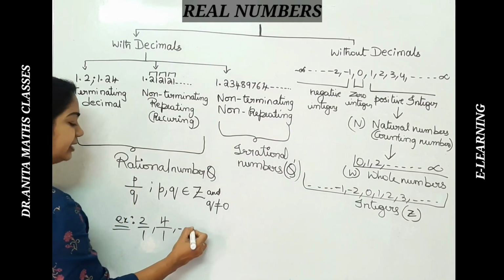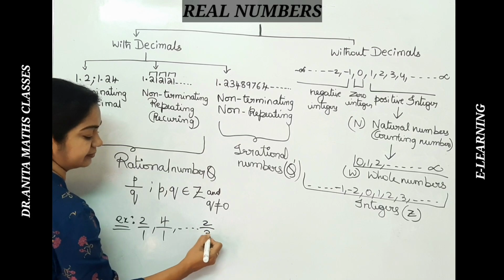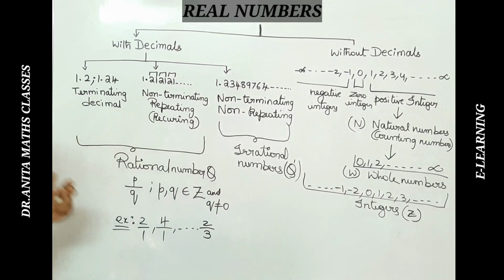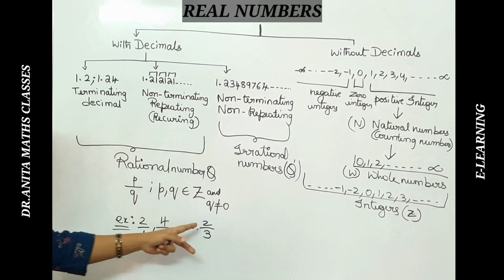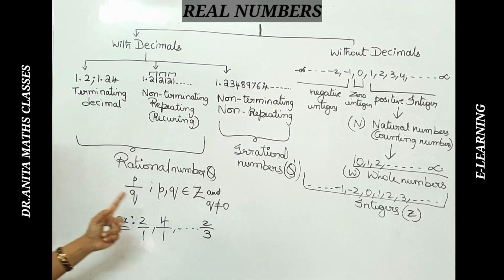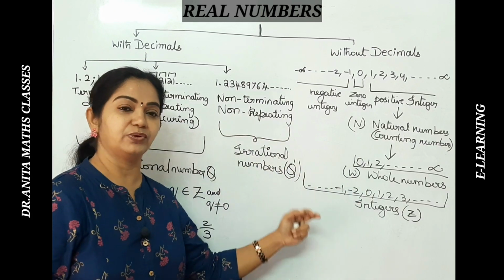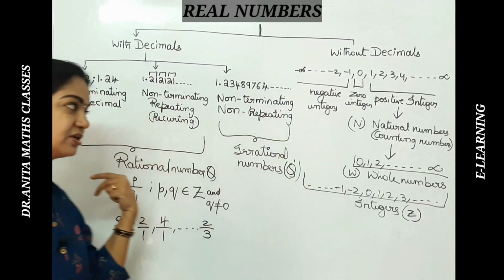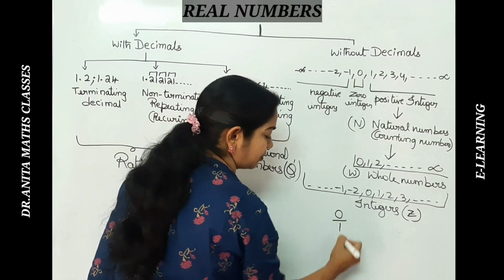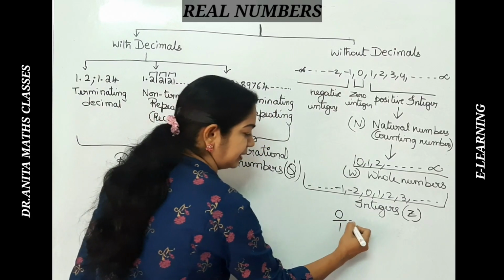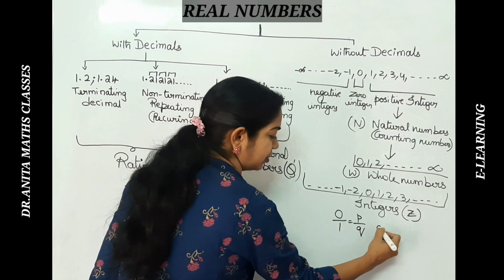But if I take 2 upon 3, or any fraction, 3 upon 4, 4 upon 5, those are rational numbers, but they are not integers, right? So integers can be rational numbers, even 0 is a rational number. I can write 0 upon 1. This is P, this is Q, where Q is not equal to 0.